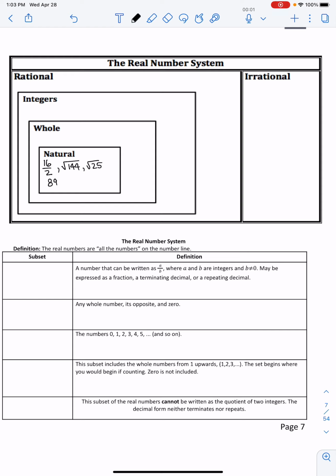Our whole numbers are then 0, 44 to the 0 power, $7,890,123.